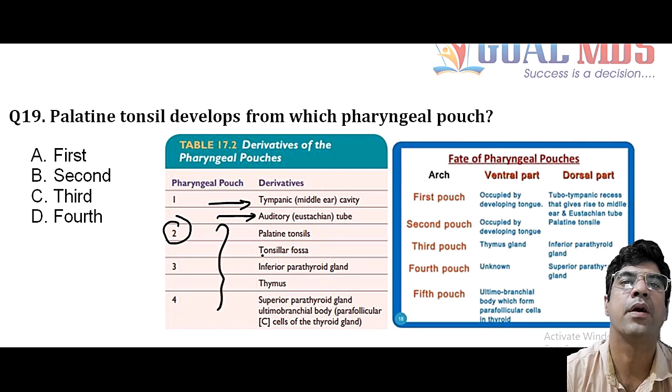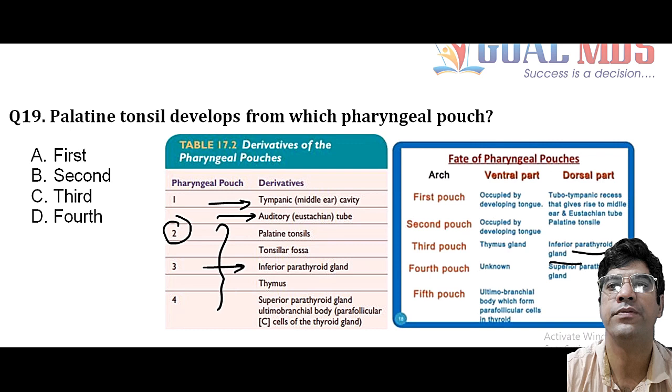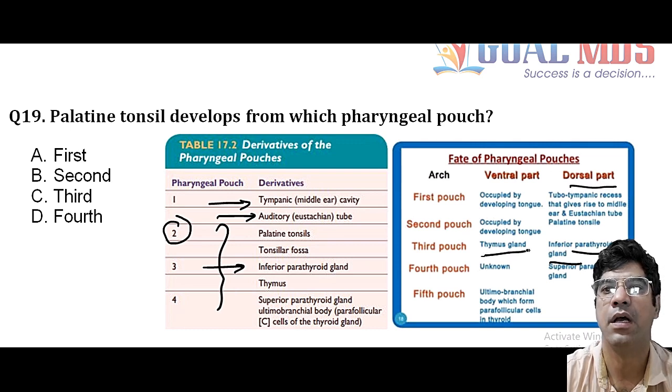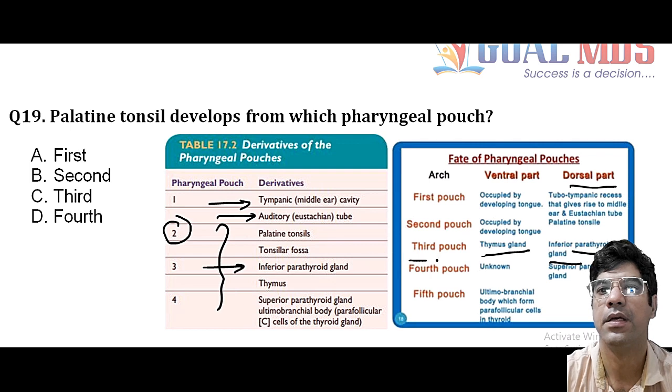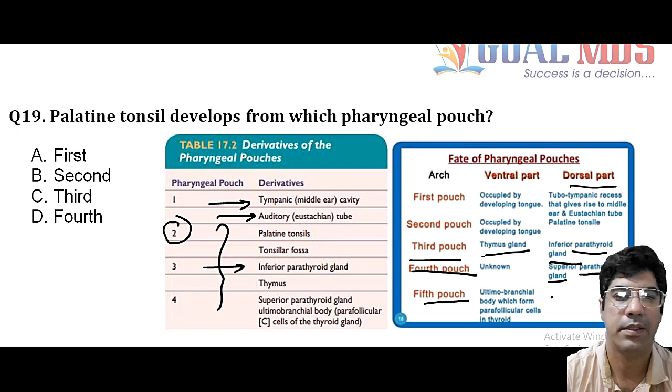The inferior parathyroid gland comes from the third pharyngeal pouch from the dorsal part, and the ventral part gives the thymus gland. From the fourth pouch arises the superior parathyroid gland, and the fifth pouch gives the ultimobranchial body.